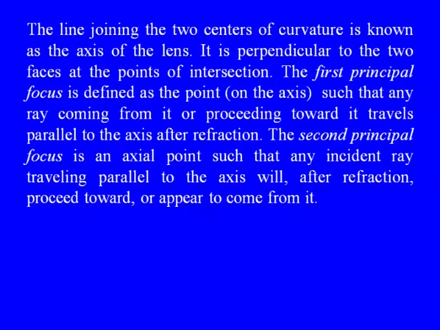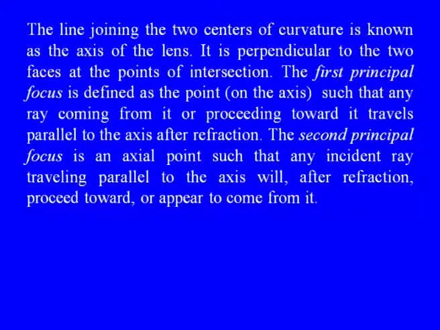Now, the line joining the two centers of curvature of the two surfaces of the lens is known as the axis of the lens. It is perpendicular to the two faces at the points of intersection. The first principal focus is defined as the point on the axis such that any ray coming from it or proceeding towards it travels parallel to the axis after refraction.